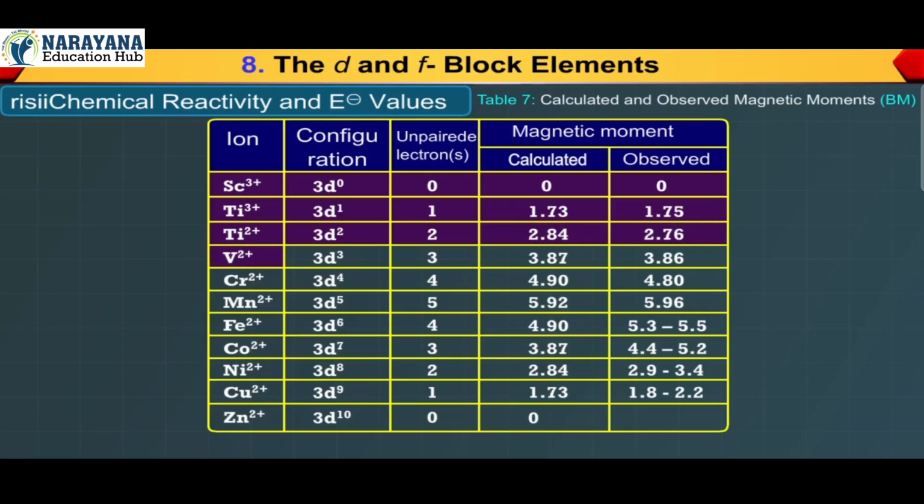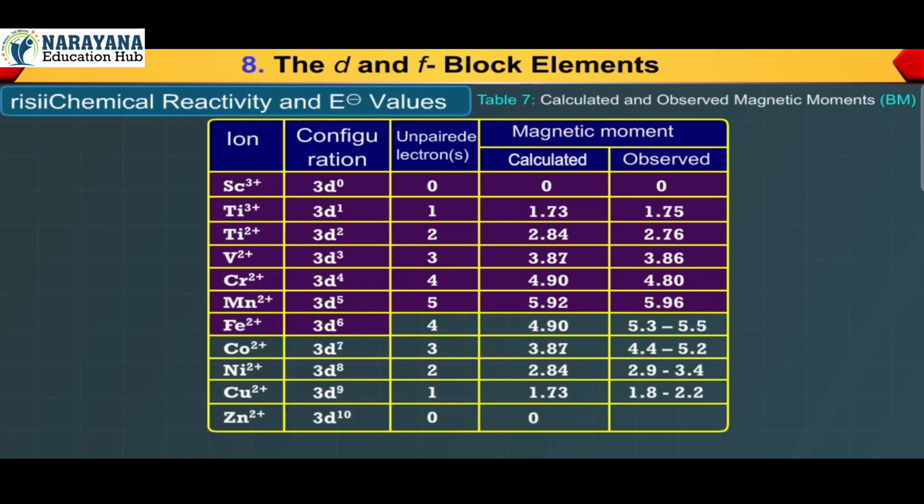V2+, 3d3, 3, 3.87, 3.86. Cr2+, 3d4, 4, 4.90, 4.80. Mn2+, 3d5, 5, 5.92, 5.96.